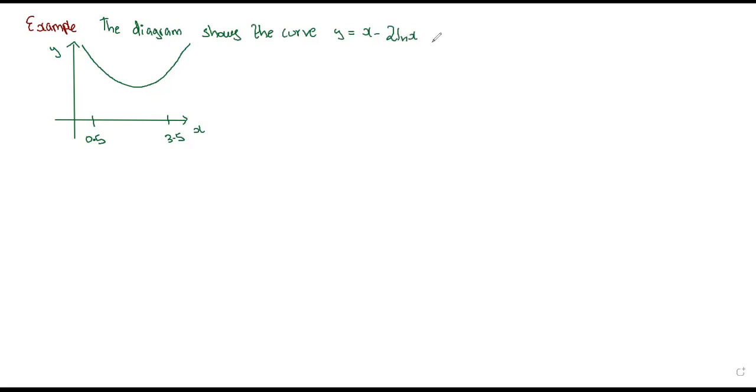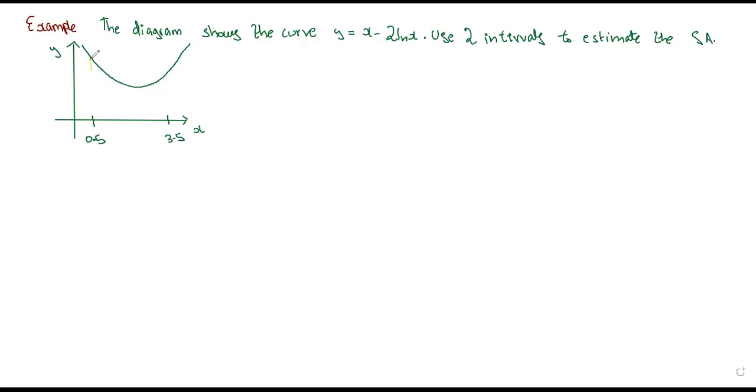Okay, I will not write down the whole question. Use 2 intervals to estimate the shaded area. I'll shade the area.